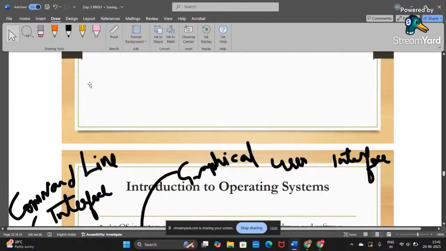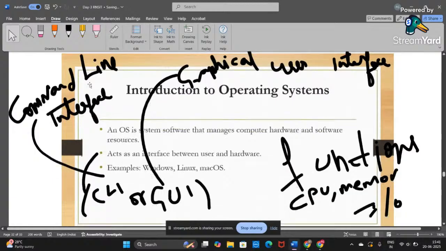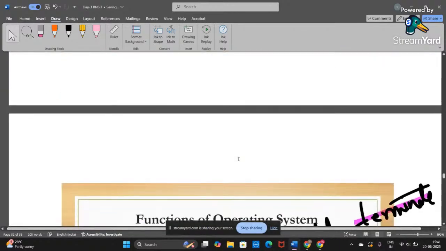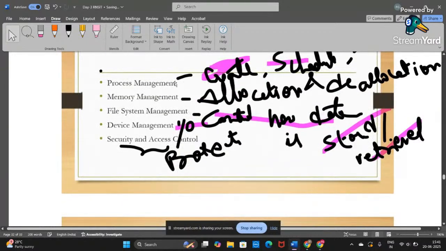We have seen what is an operating system. Let's recall. We have seen the introduction to operating systems, what is CLI and GUI, and functions of the operating system. So remember all this: process management, memory management, file system management, device management, security and access control management.